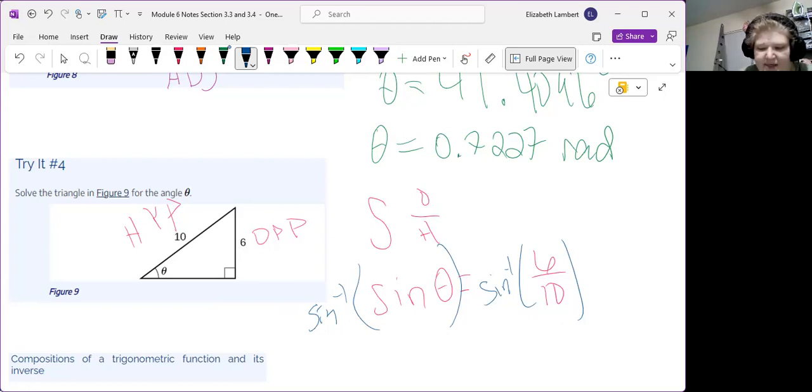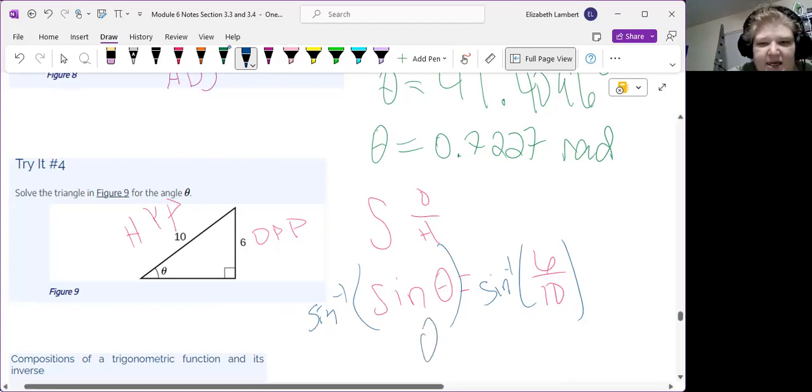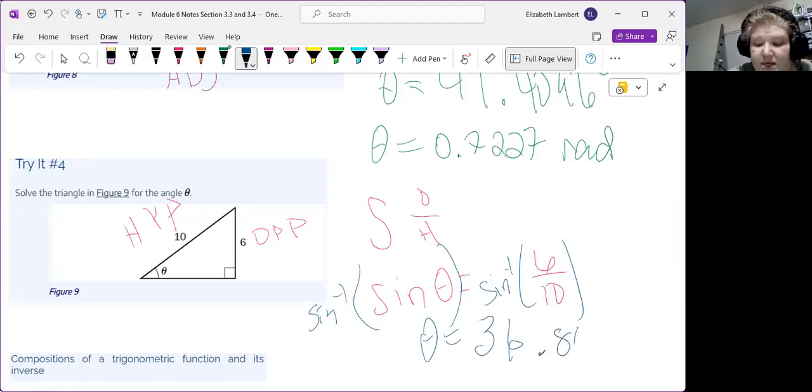But I'm going to flip it back into degrees. So my degrees, my theta here, is 36.869. It would round to 87.